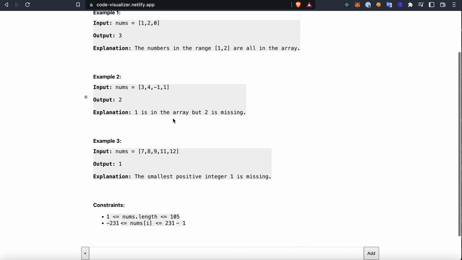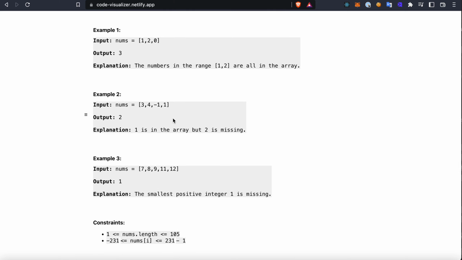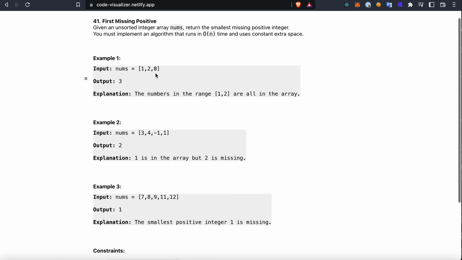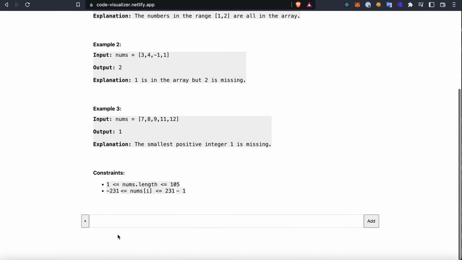You don't necessarily sort them, but you place numbers at their corresponding index location, and you just keep iterating until you reach the end of the array. For the most part, it will be sorted, and it will be sorted enough for our situation. So let me walk through how this cyclic sort algorithm works.